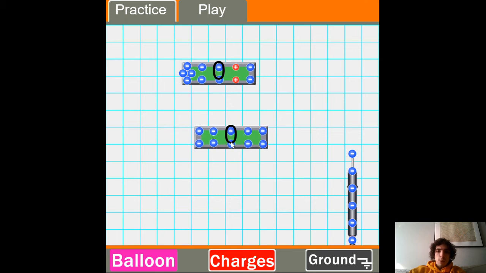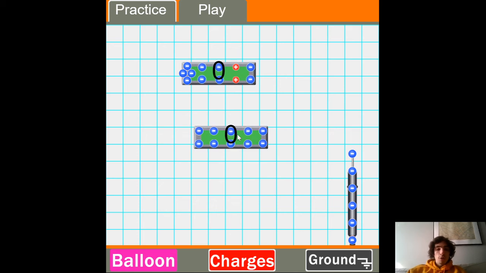And you can still see some electrons bouncing around a little bit, but there are now 10 electrons, 10 protons in this metal rod making it neutral. So when we have to make something neutral that was negative, electrons flow out and into the ground from our object. And when we have to neutralize something that was positive, our ground must provide those electrons and let the electrons flow from the ground into our object in order to neutralize it.